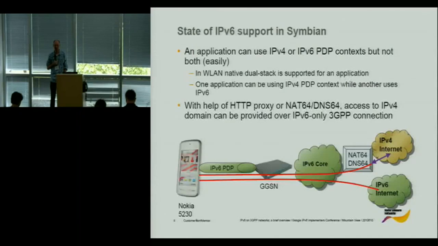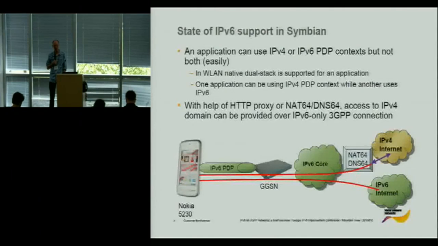We can easily do an open IPv4 PDP context there now. We can do an open IPv6 PDP context. So it's actually easy for an application to do v6 networking or v4 networking from a dual stack perspective. There are some strange effects though, and that is people.